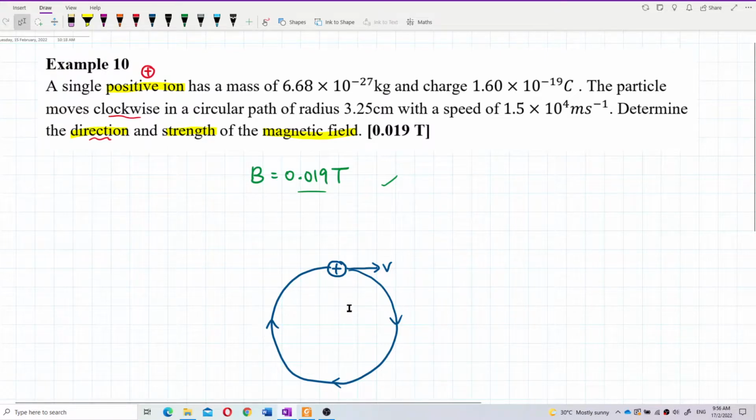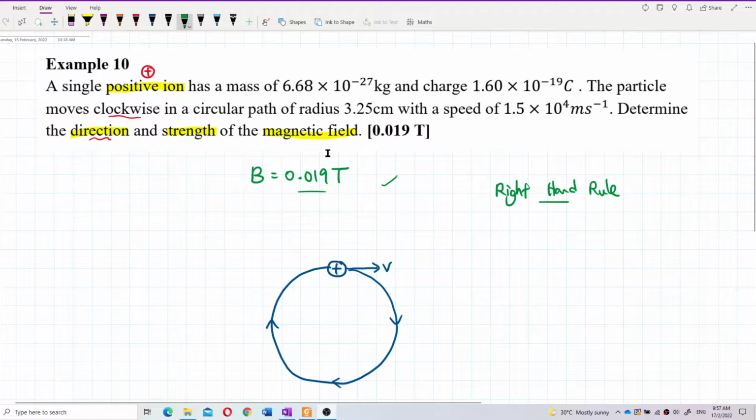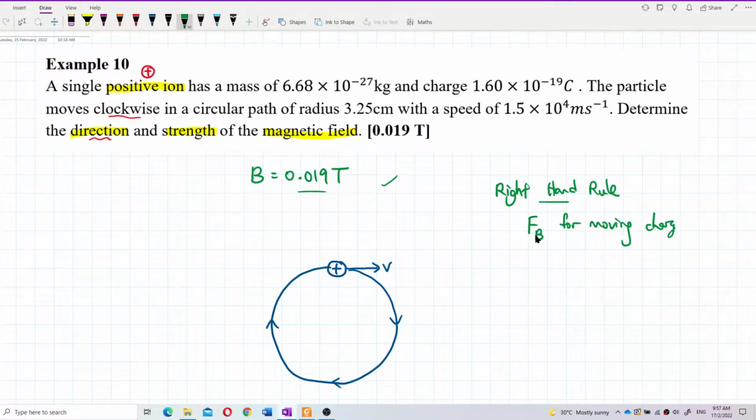You must use your right hand rule. Remember, this one is talking about magnetic force, the force for a moving charge in a magnetic field.